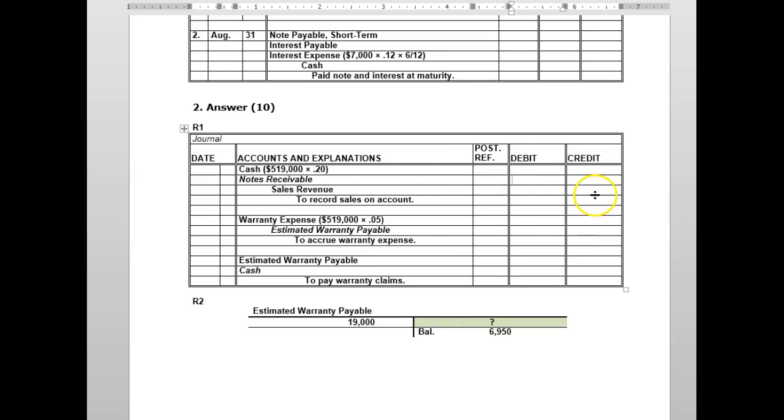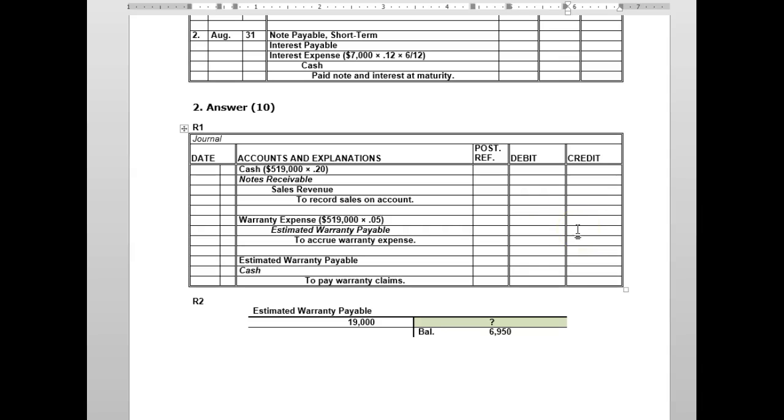And finally, your full sales revenue will go over here. That sets up the sales. Now you're going to set up the warranty expense payable. And this sets up just an allowance account, but it also establishes the warranty expense for this set of sales. So it's 5% times the $519,000 gets debited here. And then your payable is the credit on that side.